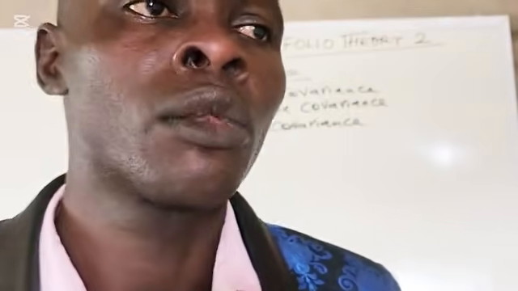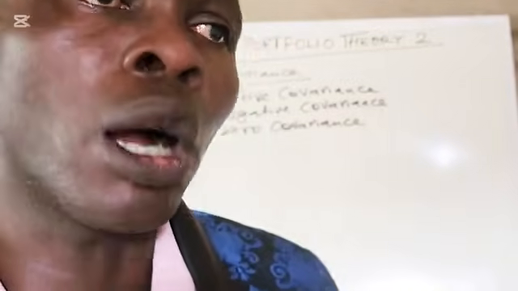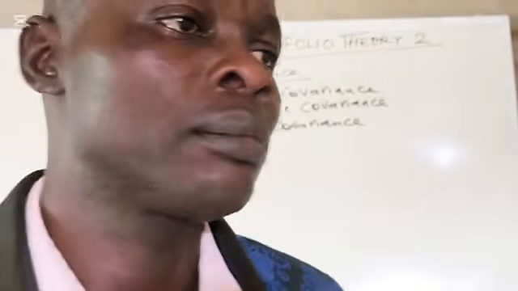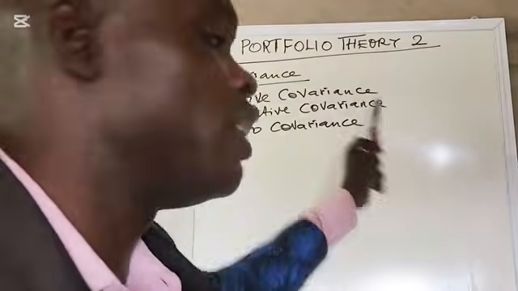Example, two banks in the same economy. When the economy improves, both banks' stock may rise. That is positive covariance. Number 2, we have negative covariance.